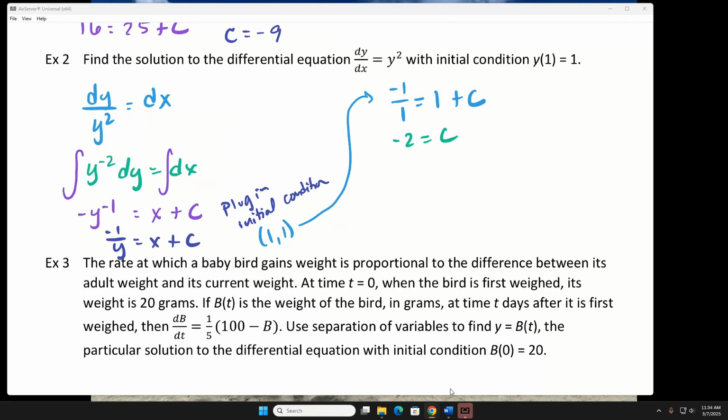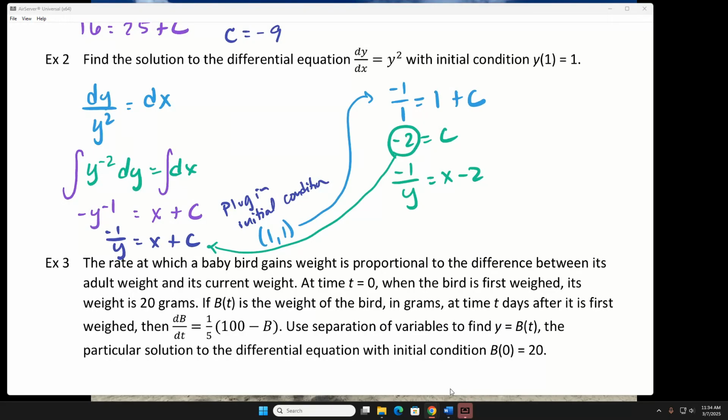All right, and so what that means is I'm just going to go where I have a c, I'm going to change it to negative 2. Now I've got arrows going everywhere. All right, and then now I just need to solve this for y.